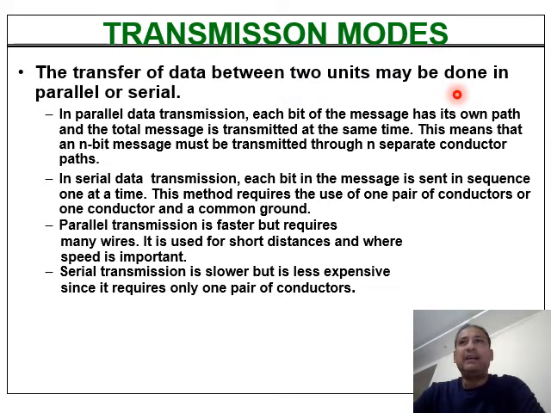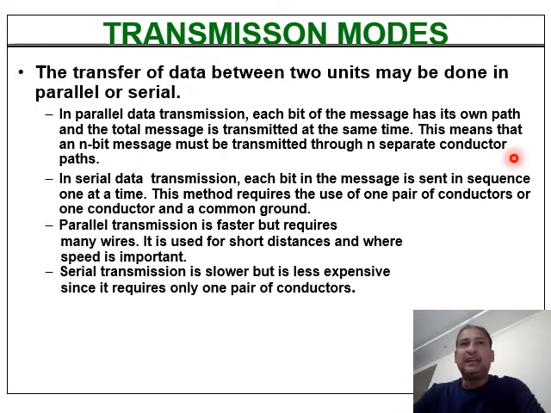So in parallel data transmission, if I take the example of 8-bit data, then these 8 bits of data travel on 8 lines. So the data bus needs to have an 8-bit line to carry the data in parallel. So in parallel data transmission, each bit of the message has its own specific line over which it is traveling.